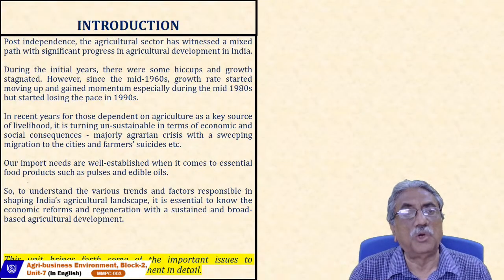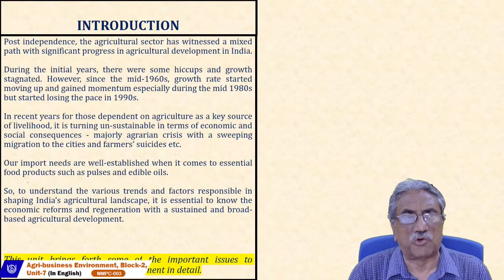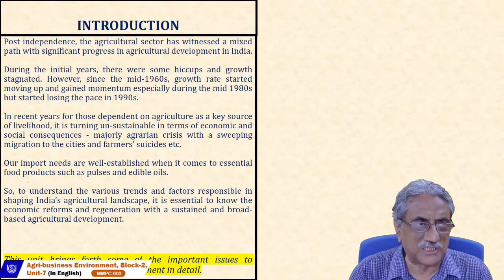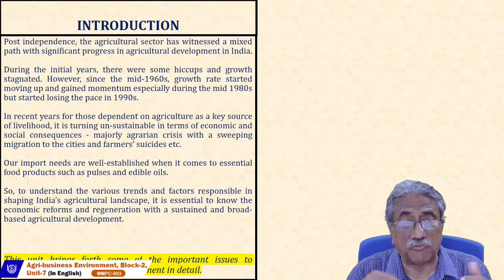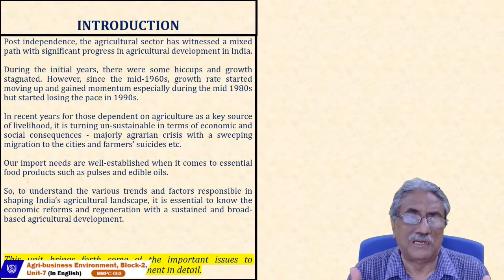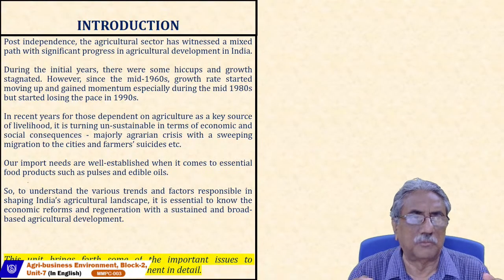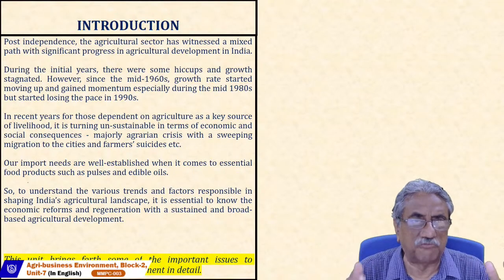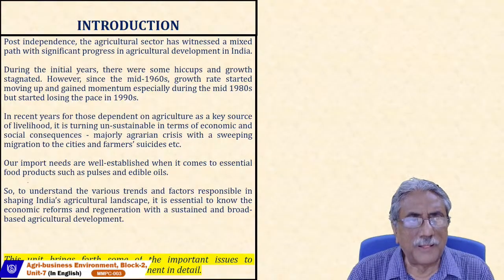Now, if the holdings are small, it's very difficult to use technology or farm equipment like tractors. So you use cattle, with which we pull the plough, you have the famous scene of Mother India. The same way the farming was going on.